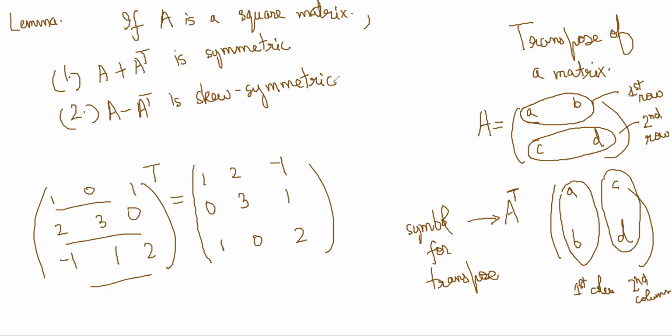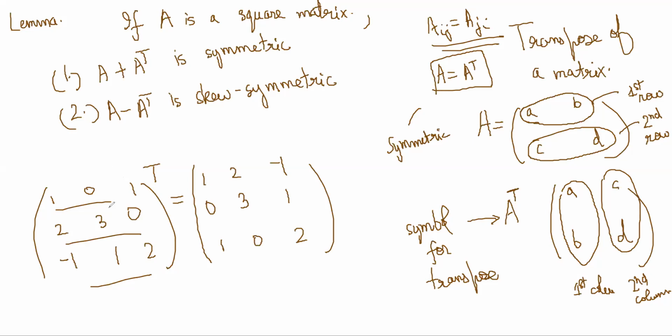So try to recall the definition of symmetric and skew symmetric, right? Symmetric was such that Aij was equal to Aji, right? That was symmetric matrix. So that just means, see, when you do Aij is equal to Aji, that means A is equal to A transpose, no? That was for symmetric matrix. Notice why? Because when you are doing transpose, that is what you are doing.